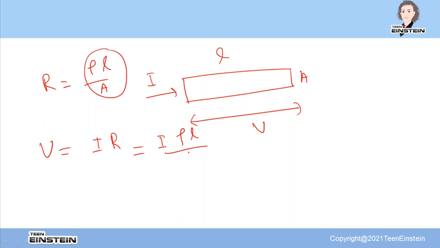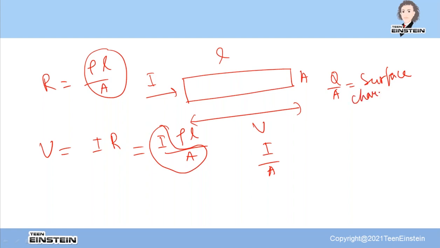This term I by A, you have already learned in the previous chapter. In the case of Q by A, what do we say? Surface charge density, which we denote by sigma.